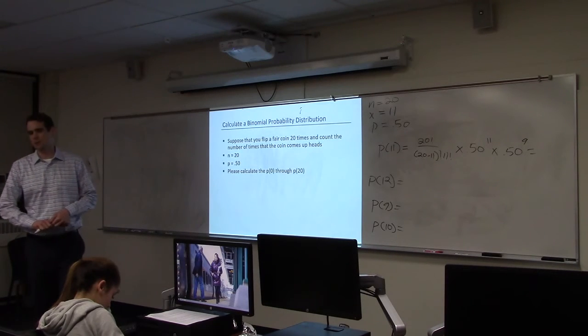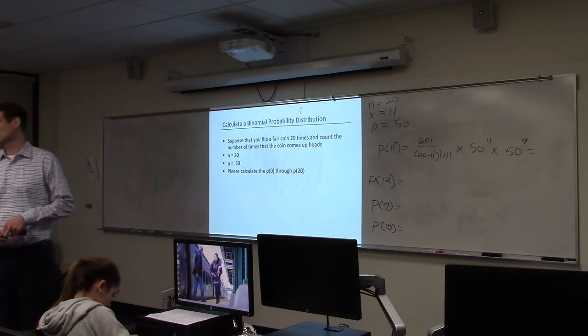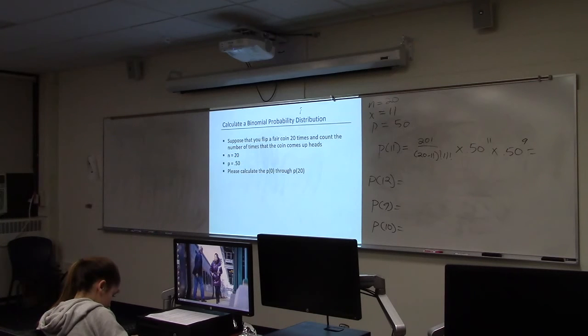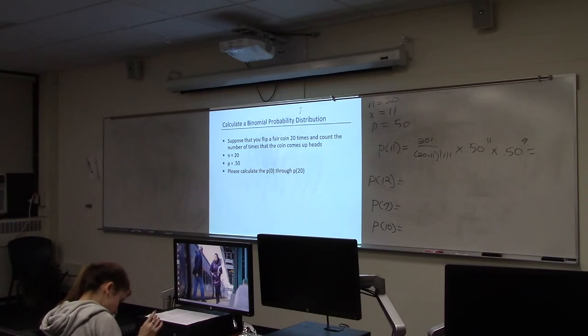How you coming? I missed the factorial on the other one. Okay, so that's 2.5 times 10 to the 14, which is trillion. It's supposed to be a percentage between zero and one. We're doing 9. Alright, how you coming?